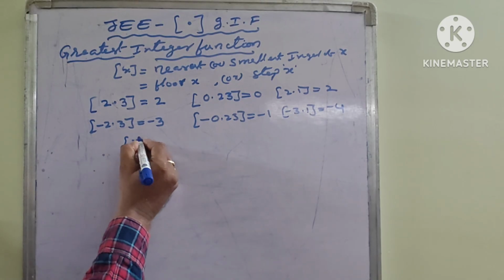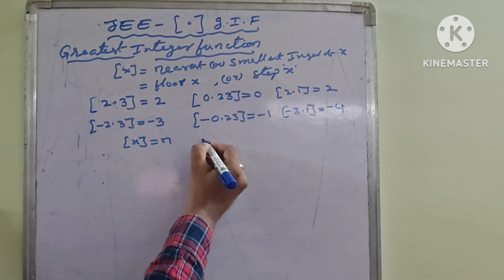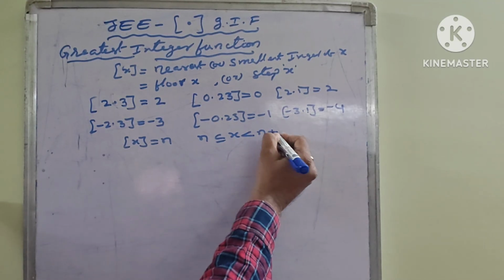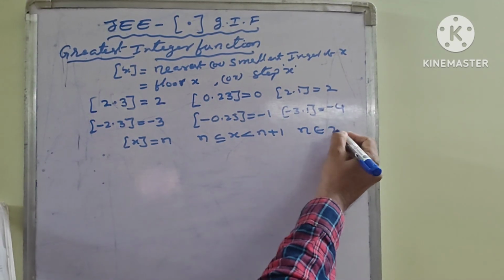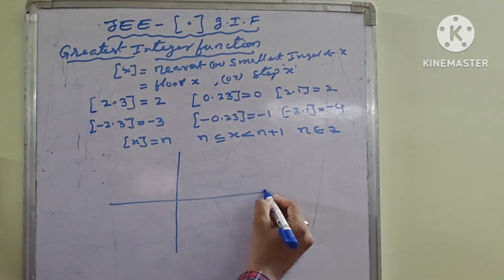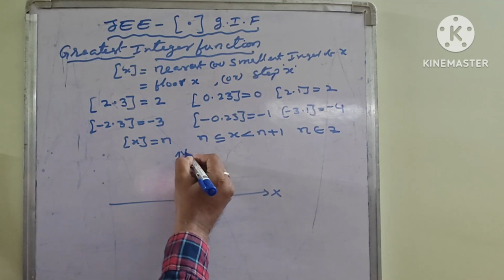Now the integral part of x is equal to n if n is less than or equal to x less than n plus 1, where n is an integer. Graphically, here this is the x-axis and this is the y-axis.